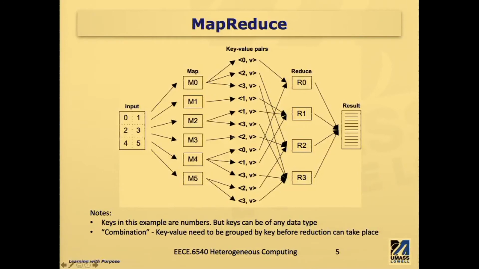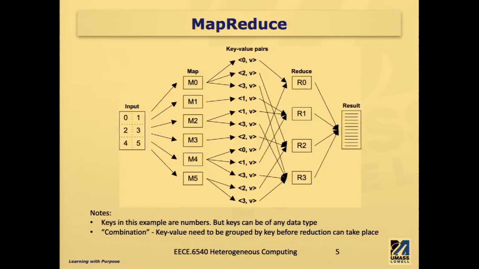And the next stage, after the key value pairs are generated by the mapping stage, is the reduction stage. In the reduction stage, essentially another group of processors or computers will process these key value pairs. We have, in this example, 1, 2, 3, 4, 5, 6, 7, 8, 9, 10, 11, 12, so we have 12 key value pairs produced from the mapping stage.